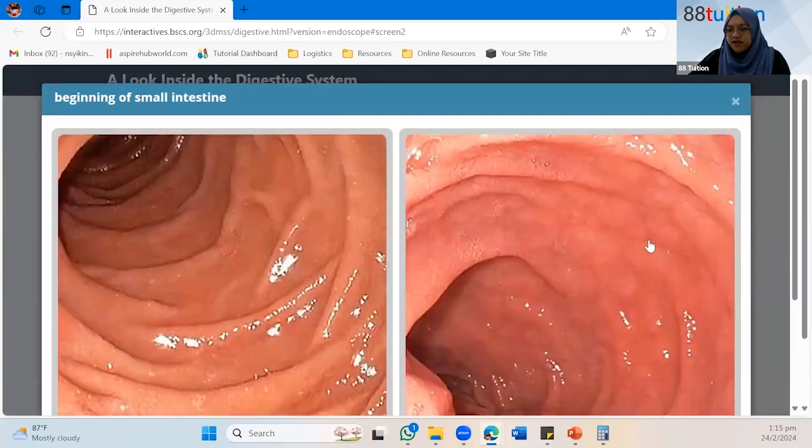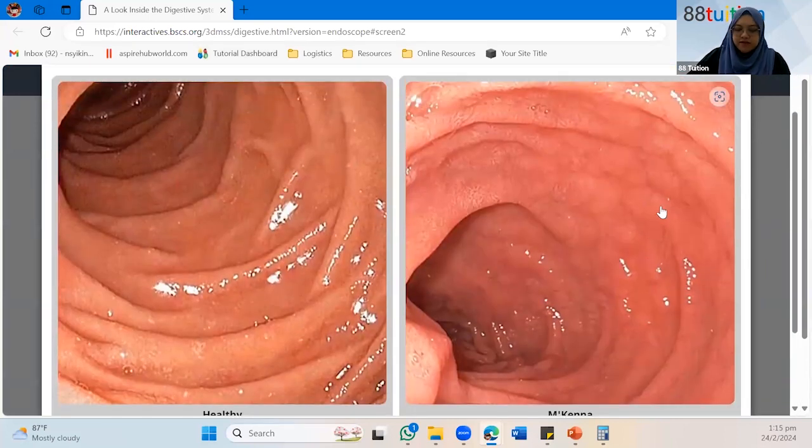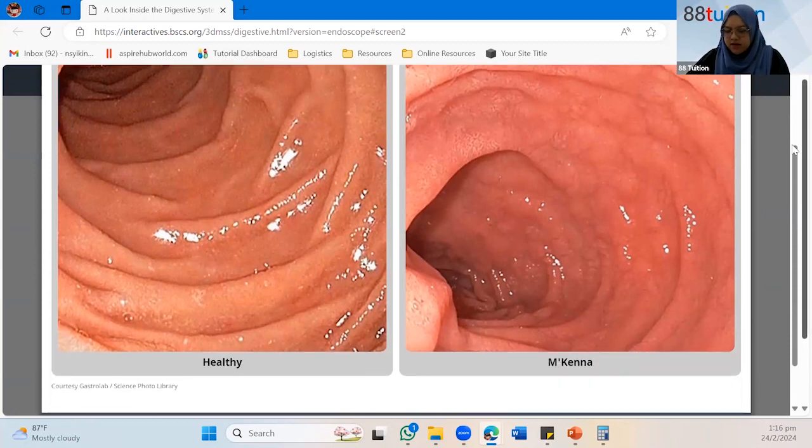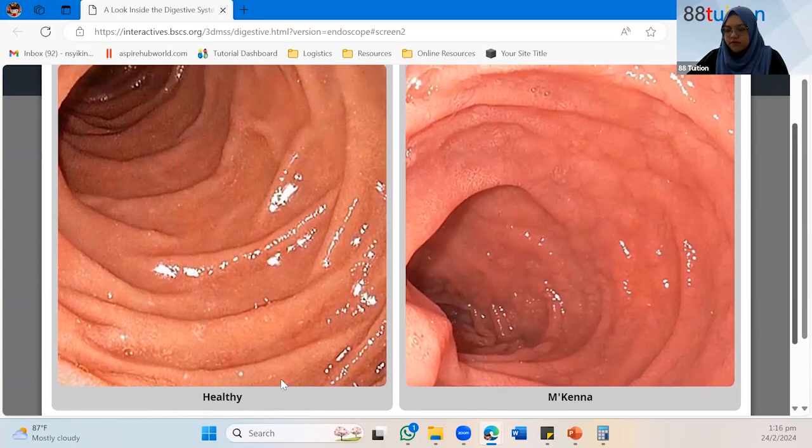Let's look at the healthy and the unhealthy intestine. Can you see the difference or not? Who can identify the difference here? Healthy one here. Then the unhealthy one over there. Next one.